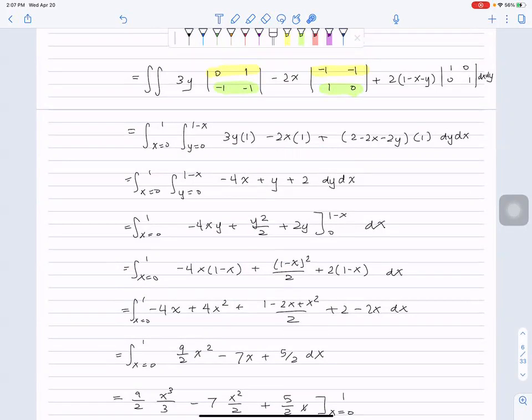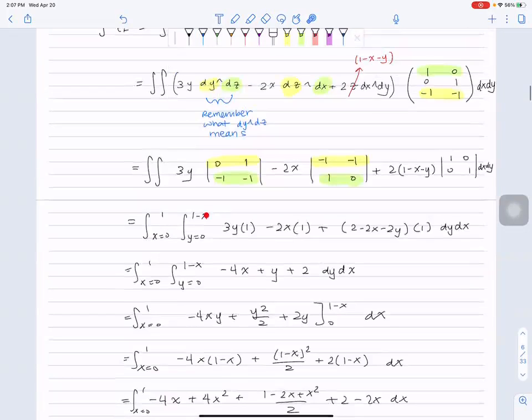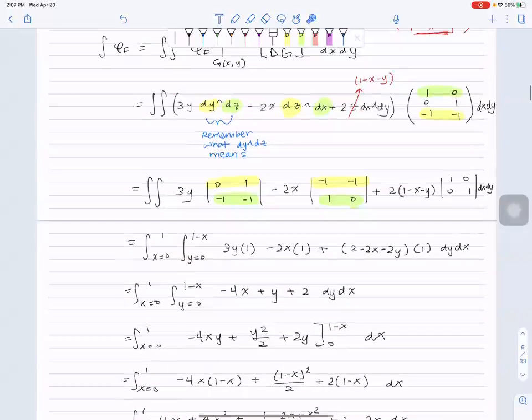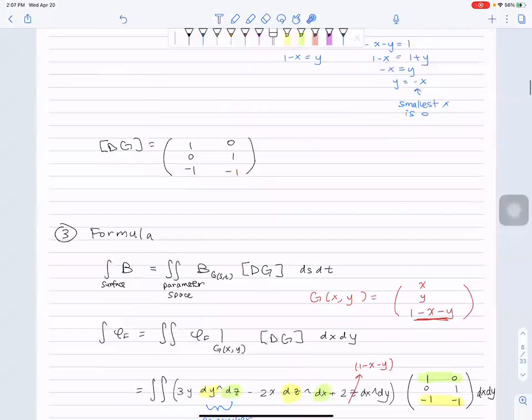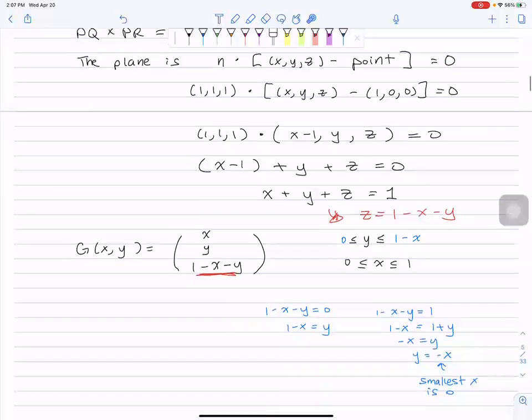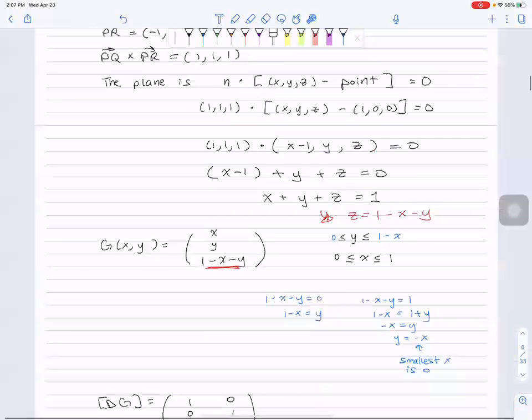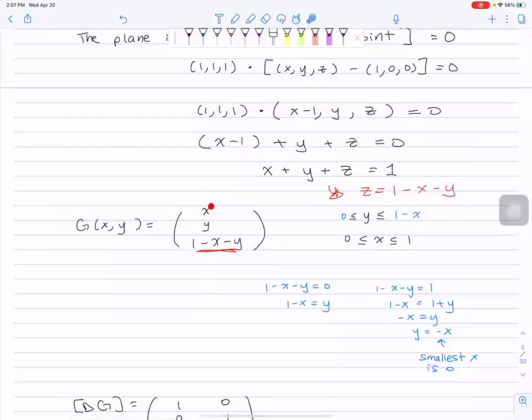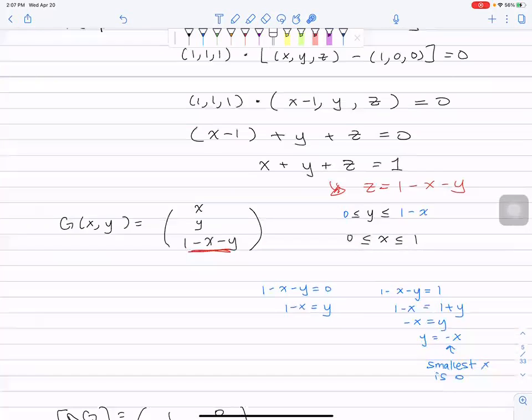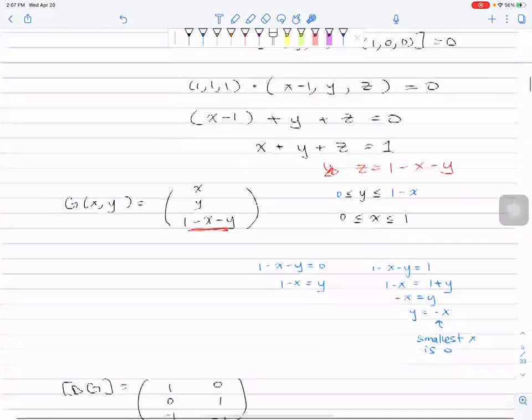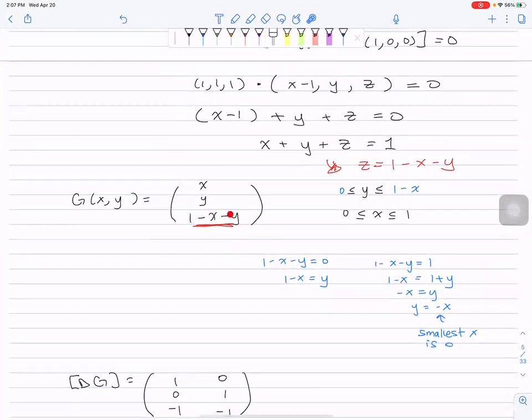Yes? I just have a question. The y boundaries, why is it 0 to 1 minus x rather than 0 to 1? Okay. So the x bound we know has to be 0 to 1 because that's just x. But y has to be different, because if y can go up to 1, then what if x is also 1?